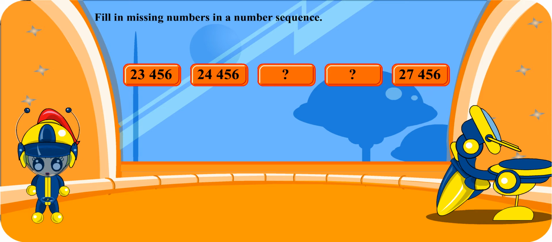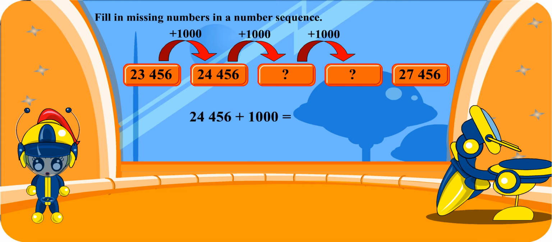I see that the second number 24,456 is 1,000 more than the first number 23,456. So the third number should be 1,000 more than the second number, and the fourth number should be 1,000 more than the third number. Thus, I add 1,000 to 24,456 and get 25,456.